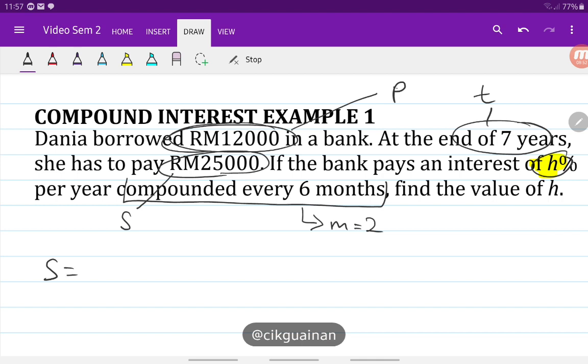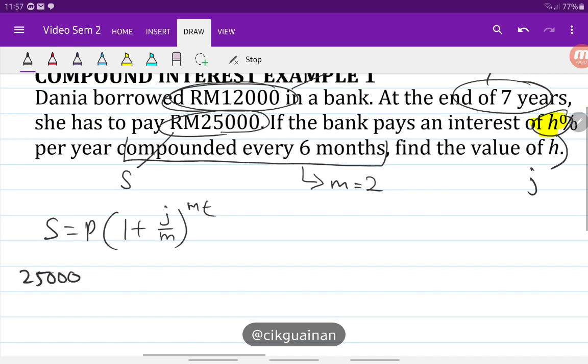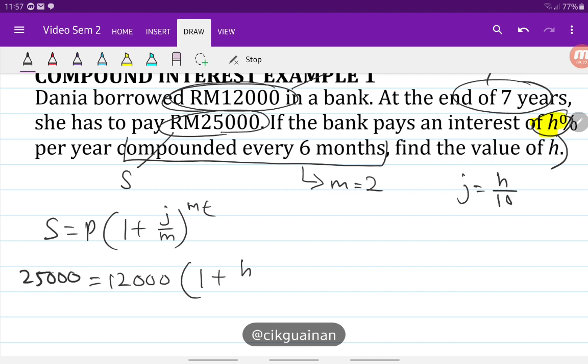So let's write the formula first. S equals P times 1 plus j over m, to the power of mt. So S is 25000 equals P, 12,000, times 1 plus j. No, j is not H. H is a percentage, so we have to divide H by 100.